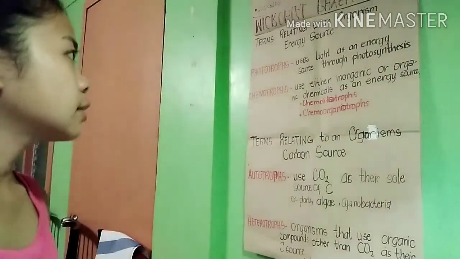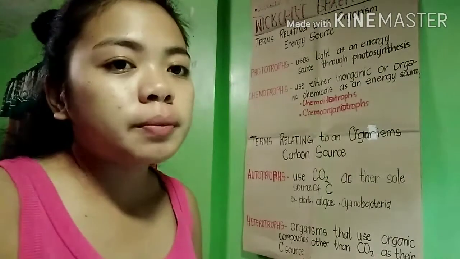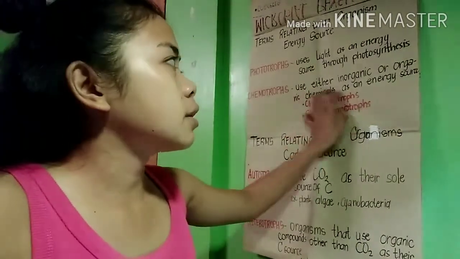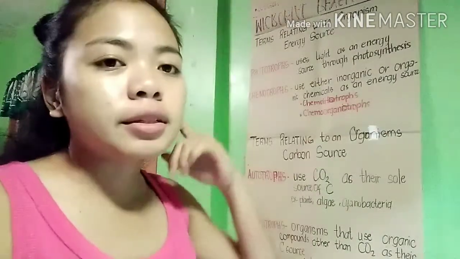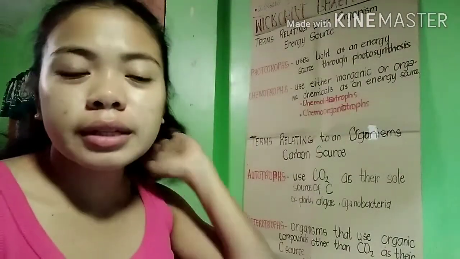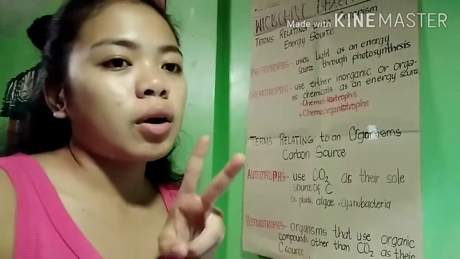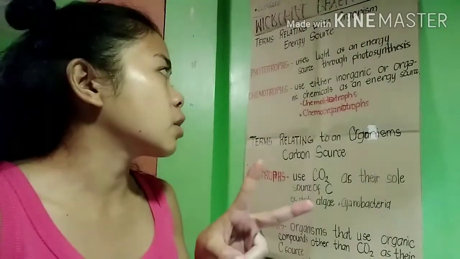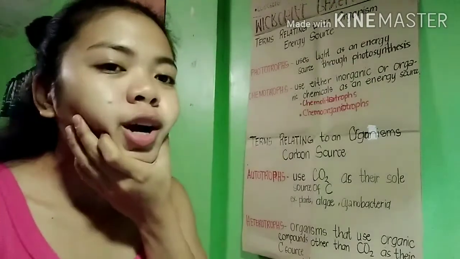So the next is the chemotroph. These use either inorganic or organic chemicals as an energy source. It has two classifications: chemolithotrophs and chemoorganotrophs.